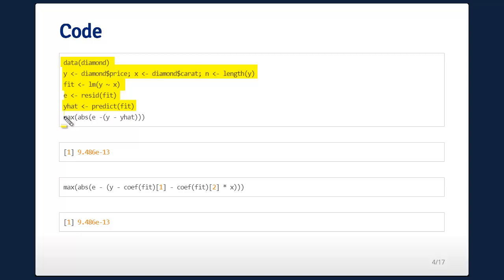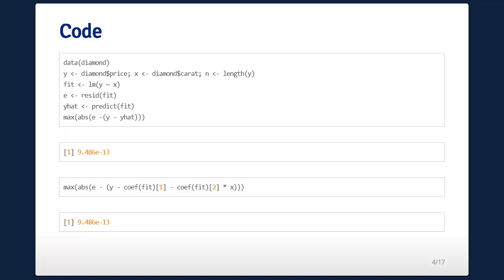Then, to show you that your residuals are exactly the difference between your observed and fitted values, I'll take the residuals, subtract off the difference between the observed and fitted values, take the absolute value, and look at the largest difference. You see that it's 10 to the minus 13, which is only numerical precision, suggesting that those are exactly the same.